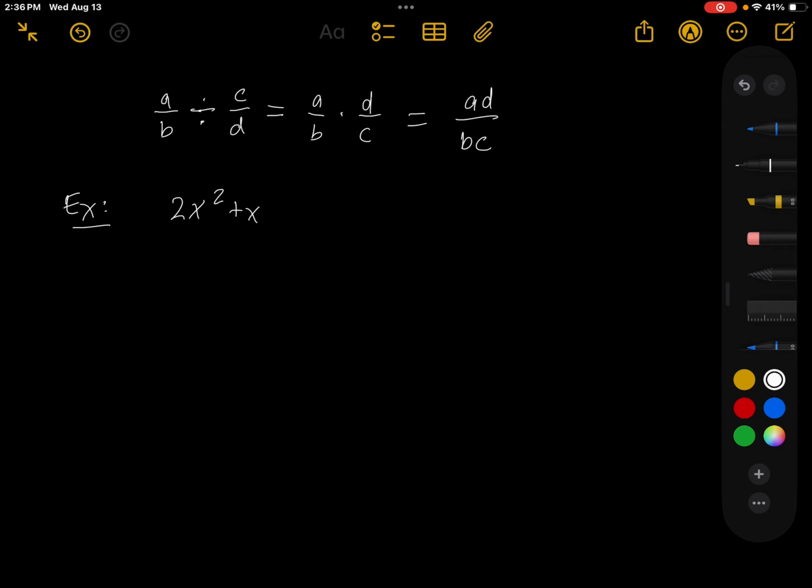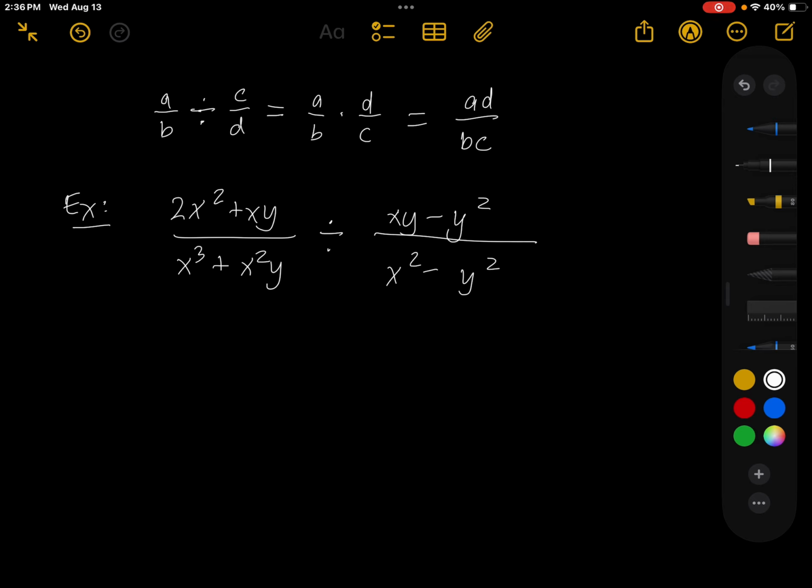2x squared plus xy over x cubed plus x squared y divided by xy minus y squared over x squared minus y squared. Well, first thing I'm going to do is change this to a multiplication.